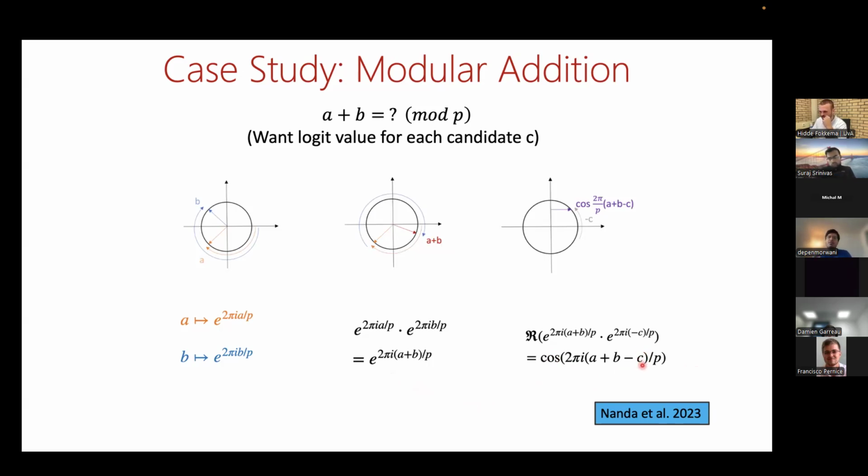We really want the final output, which is a p-dimensional output, to be maximized at the point where c is a plus b mod p. So this is the algorithm which Nanda et al. discovered on some one-layer neural nets behind how they tend to implement this particular task.